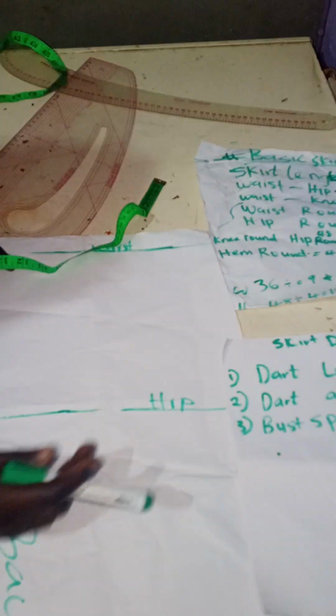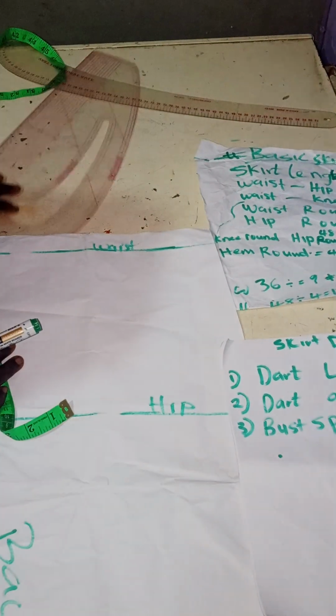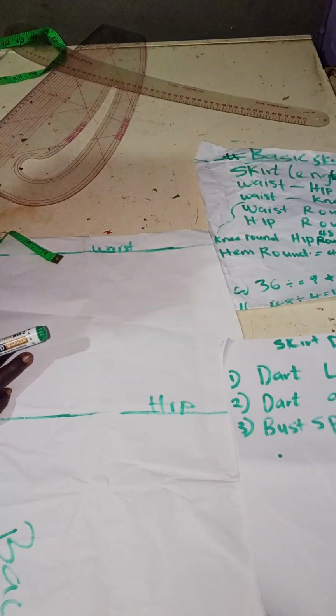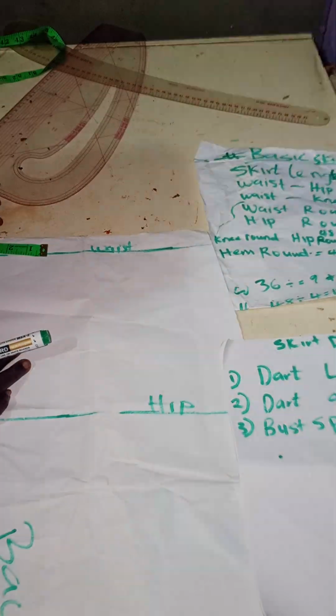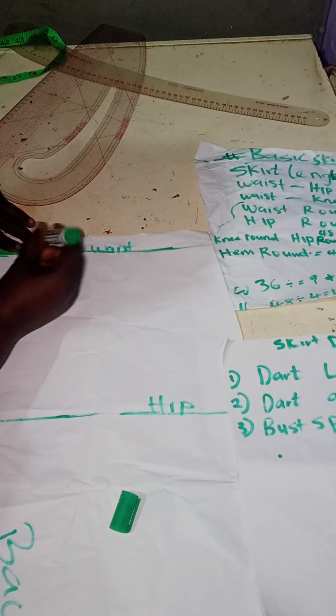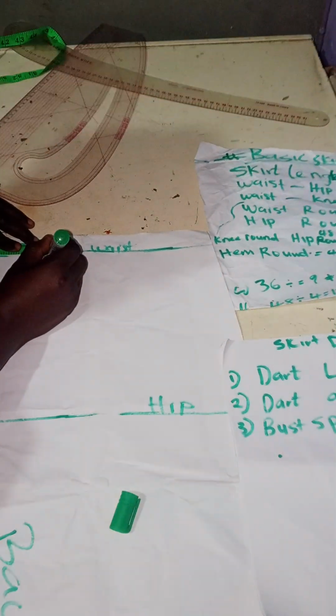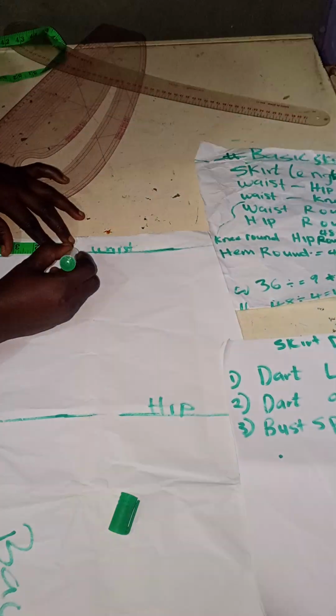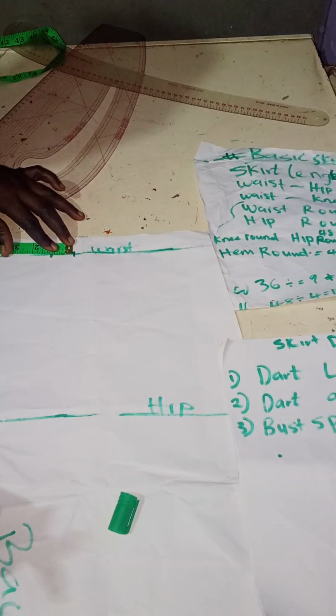Every other one is still the same. So this is our zipper allowance for the back. From this zipper allowance, we will measure 4 inches again, the way we did for the front. We measure our 4 inches, then you bring out your 1 inch dart allowance to this side.